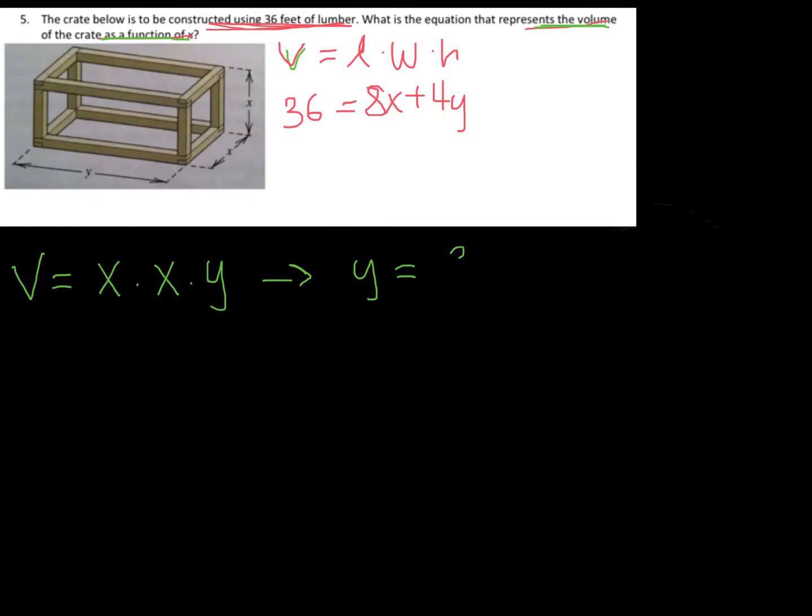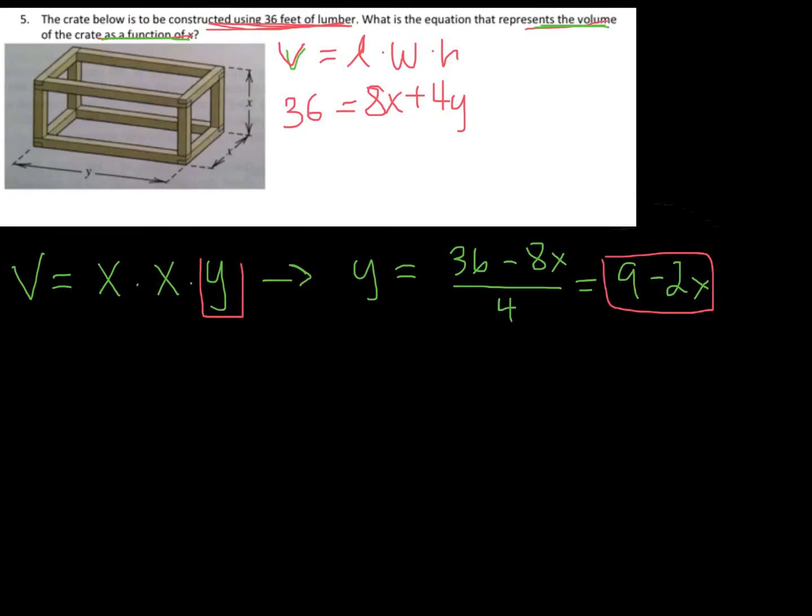When I do that, I'm going to get 36 minus 8x, all divided by 4. I can simplify that further. That's just going to be 9 minus 2x. So I know that this is y. Perfect, because that's what I needed.